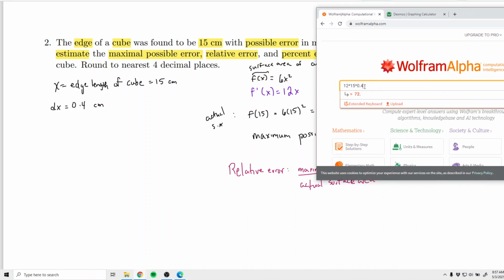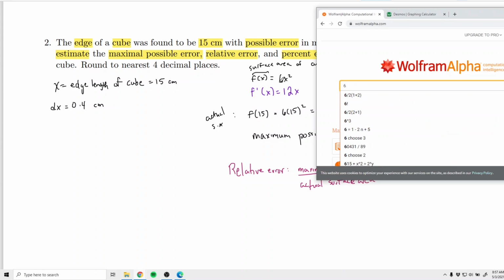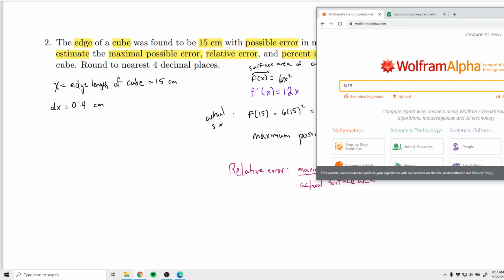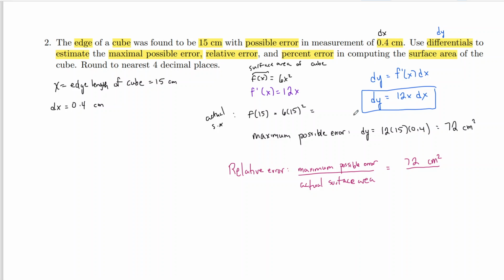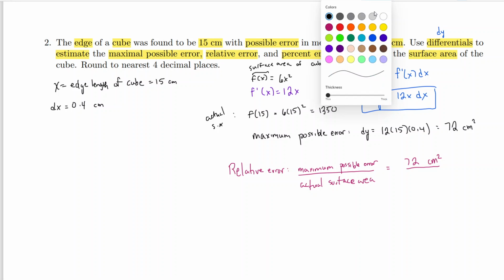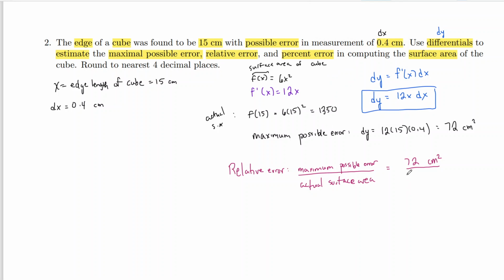We know it'll be a whole number. 1,350. So the actual surface area is 1,350. It's also centimeters squared because we're talking about area. So those completely go away, which means this actually makes sense.